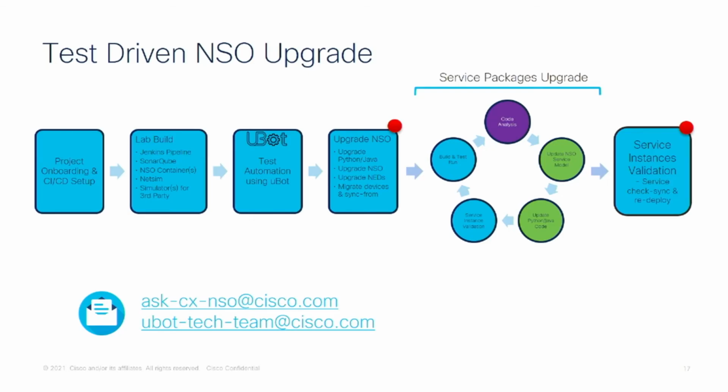So it's an iterative approach for every single service, starting with the automation of the build and running the test cases. Expected to fail in the beginning. So we start doing a code analysis, which could be done partially using automation and code review as well. And then our developers start updating the NSO service models, updating the Python and Java code if required, and revalidating the service, and do the cycle again to do build and run the test automation.